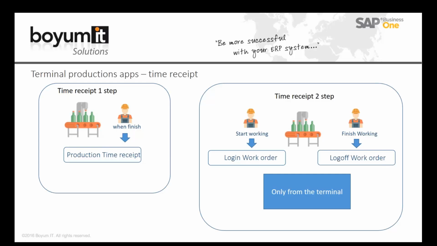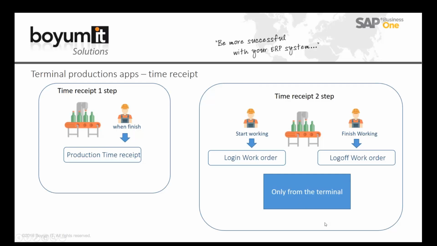The advantage of using it this way is that we can check from the system who is working in which activity. We can know exactly which operator is working in a specific operation, or also which work order is active at this moment because someone is working on it.